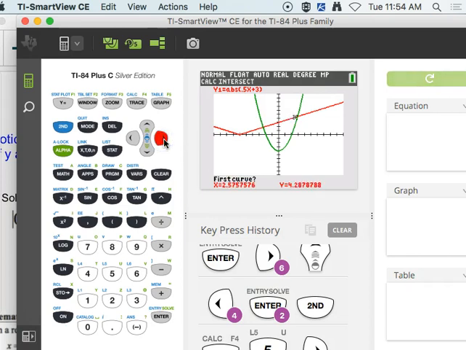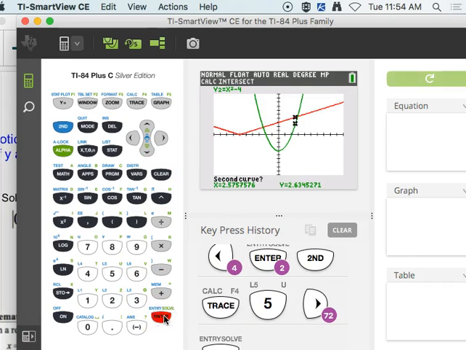Now we're in the vicinity of the other intersection, so enter. Definitely see Blinky jumping down to the green here. Enter. Enter to guess. Ordered pair 2.908, comma 4.454 with rounding to 3 decimal places. And I'll take that back to the other screen and write that down.